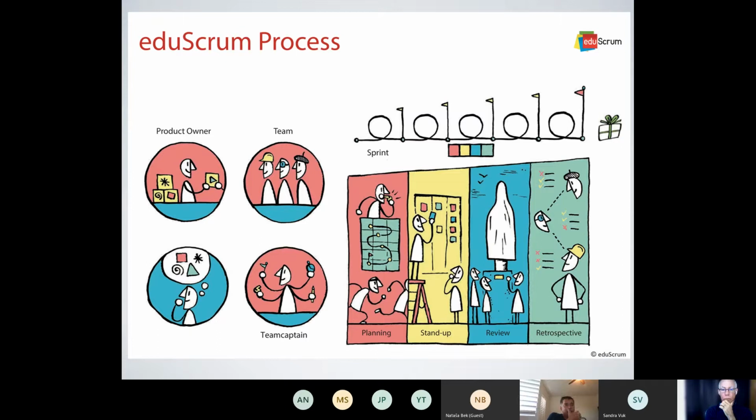And so in the beginning, you have a planning phase where you develop the plan for the whole semester. And then at the beginning of every work period, we have a stand-up where the team decides what they are going to work on. Then we have review moments where teams present what they worked on and what the results were.